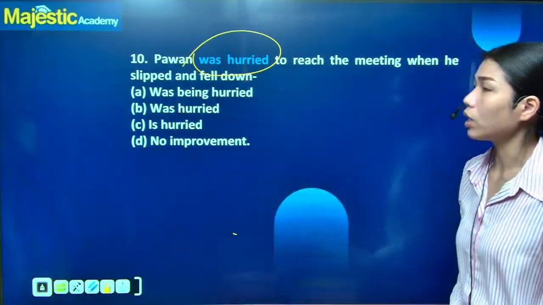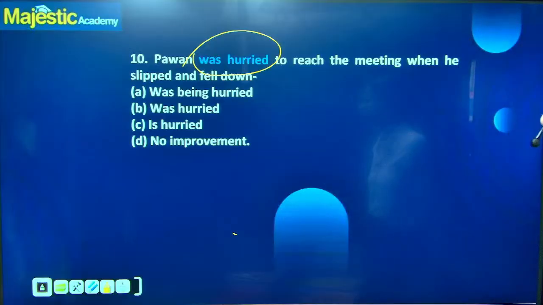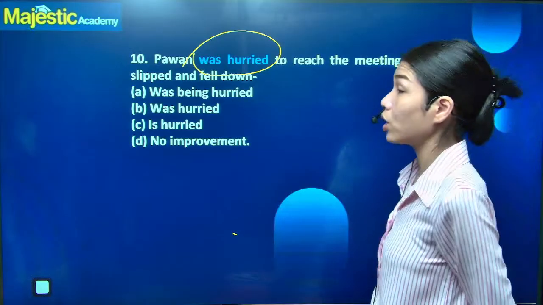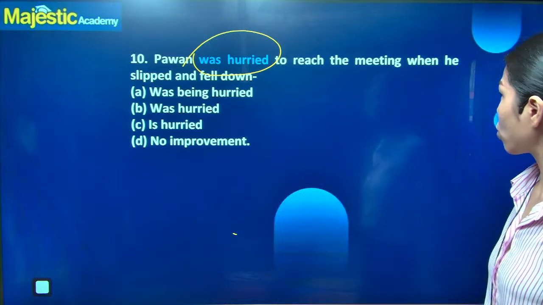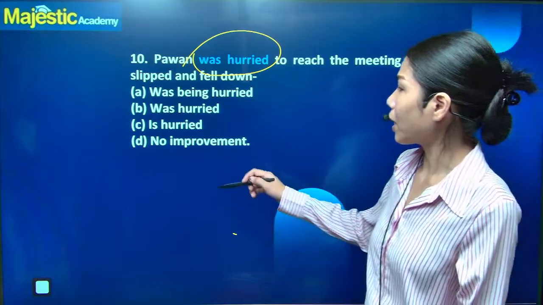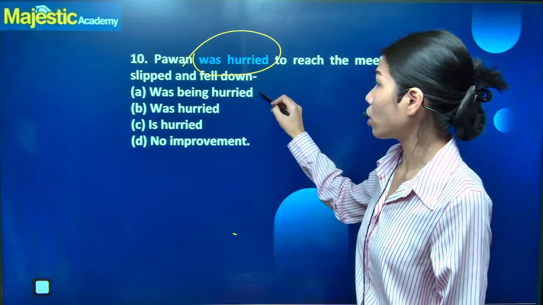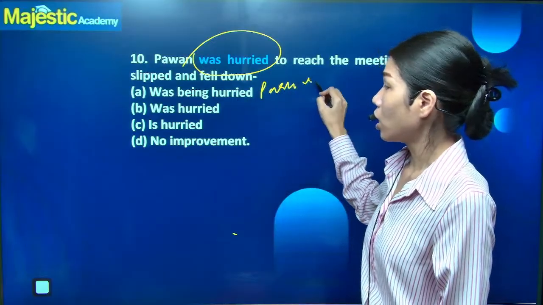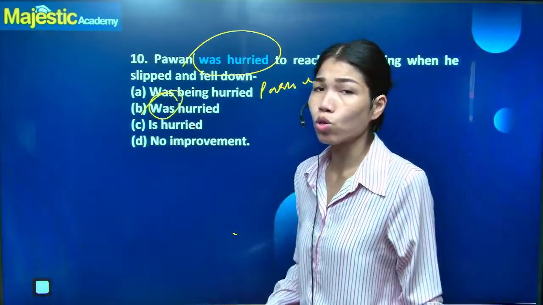So was hurried को हमें question में replace करना है. ठीक है, so we have the options, was being hurried, was hurried, is hurried, or no improvement. ठीक है, so Pavan was hurried to reach the meeting when he slipped and, okay, in that case we can say was being hurried would be your passive voice का sentence. ठीक है, was hurried नहीं होना चाहिए क्योंकि if we have was then we have to use ing वाला form.